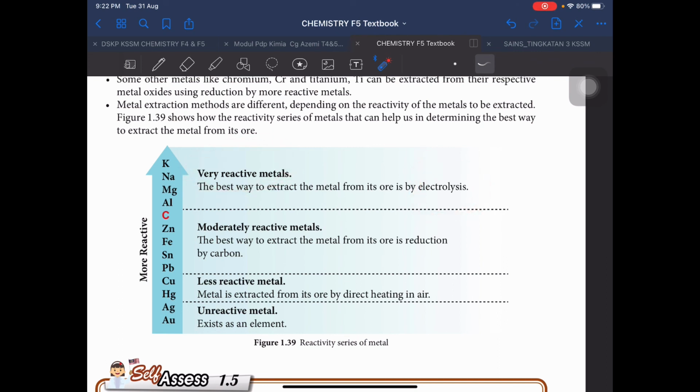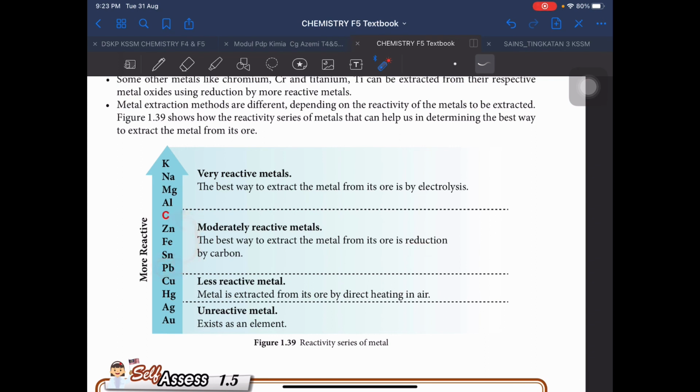Okay, kalau di bawah, moderately reactive metals from zinc, iron, stannum, plumbum. So this moderately reactive metal, the best way to extract the metal from its ore is by reduction of carbon. Okay, you kasih tindak balas this one with carbon.